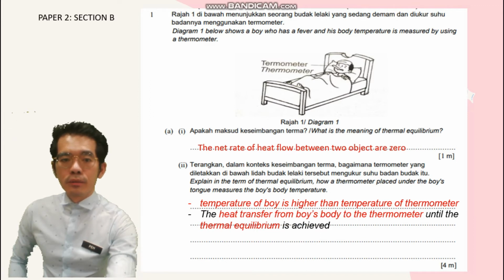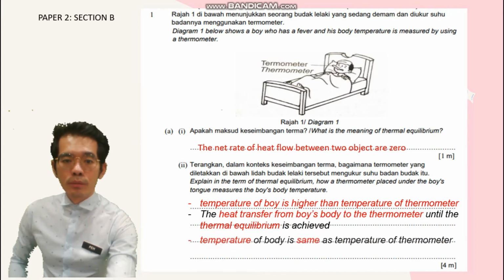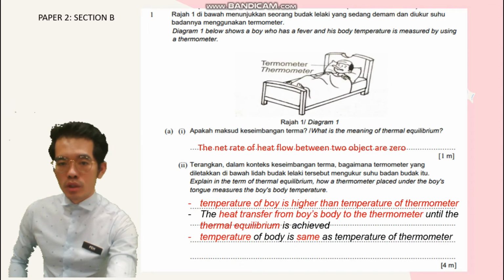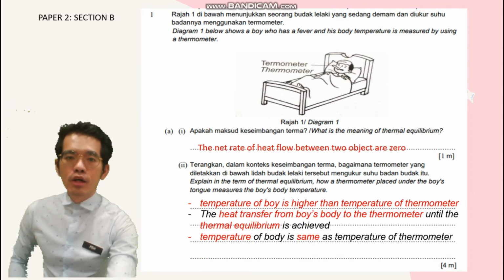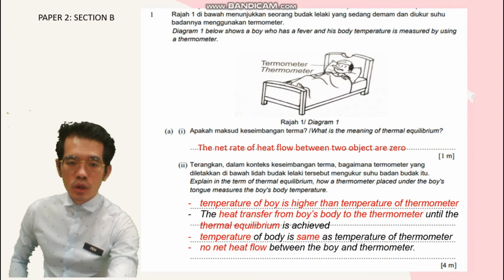When thermal equilibrium is achieved, both objects will have the same temperature. And then the last, the net heat flow between two objects will be 0. Okay, so no net heat flow between the boy and the thermometer. So you will get 4 marks.